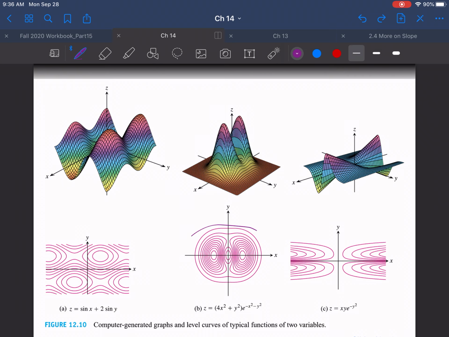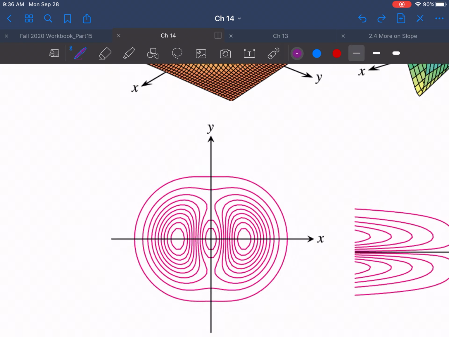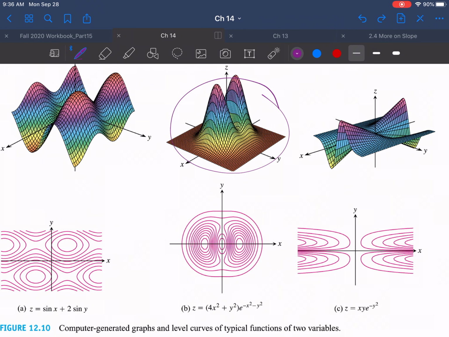But unless you actually define what height each of those contours are, you can't tell if it's this picture up here, or maybe this one was pointed down while this one was pointed up. You can't really tell that from the bottom picture without more information, or they both could have been pointed in the other direction.